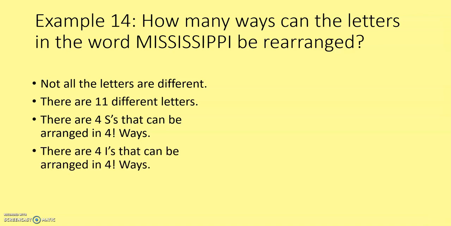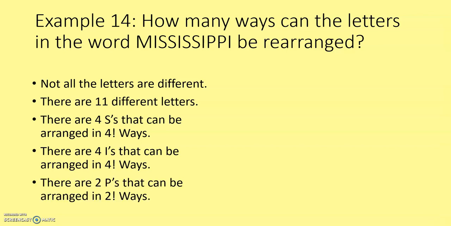There are 4 I's that can be arranged in 4 factorial ways. And there are 2 P's that can be arranged in 2 factorial ways. 11 letters, so 11 factorial will be our numerator, divided by 4 factorial times 4 factorial times 2 factorial. Dividing by those takes into account the repeated letters.